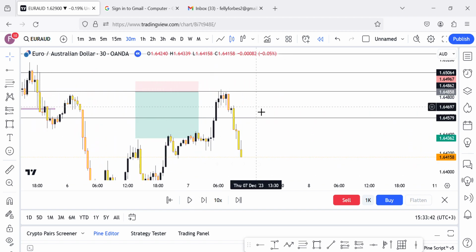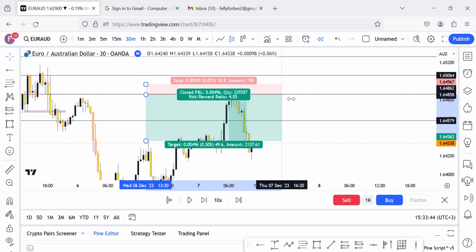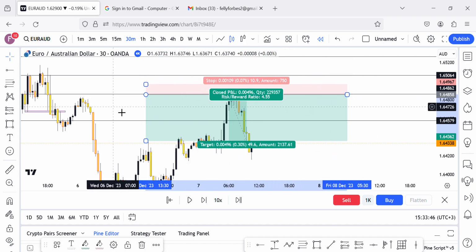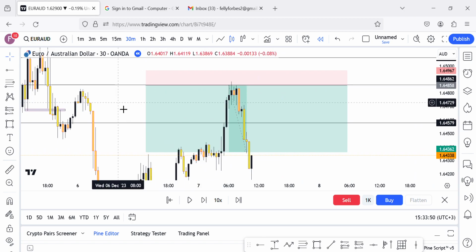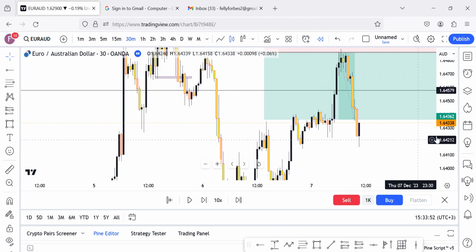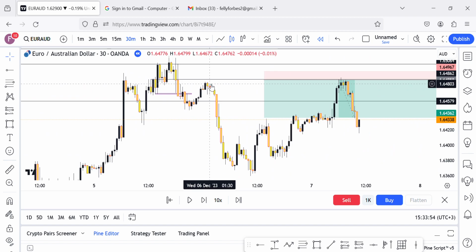You can see there the entry. You see, the price came to our entry, because sometimes you can see the move like this, and you say maybe it's spread. No, it's not spread.